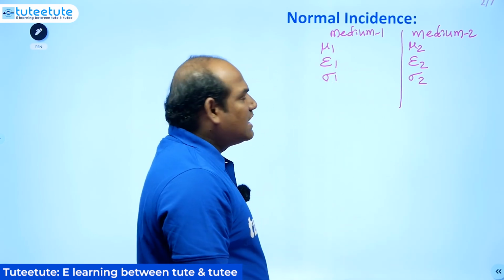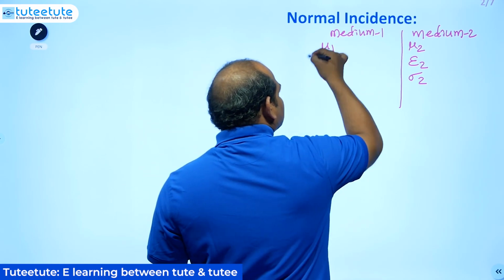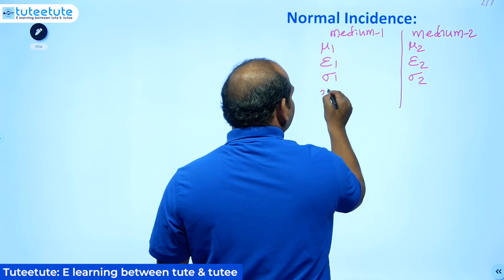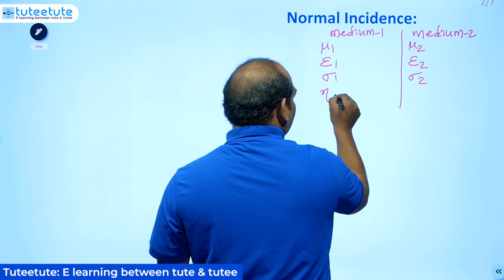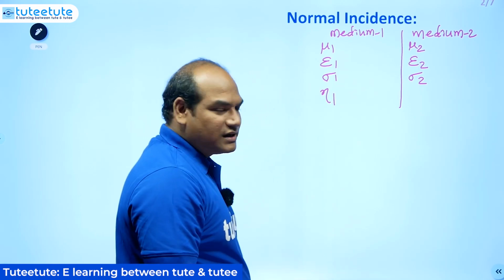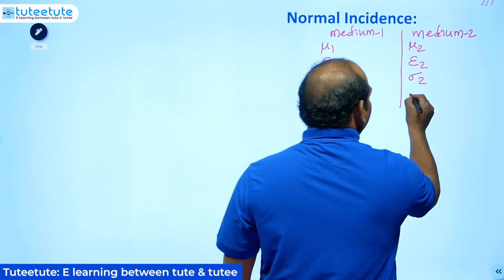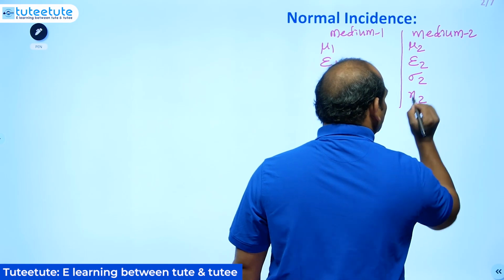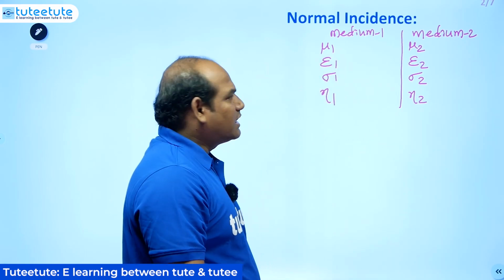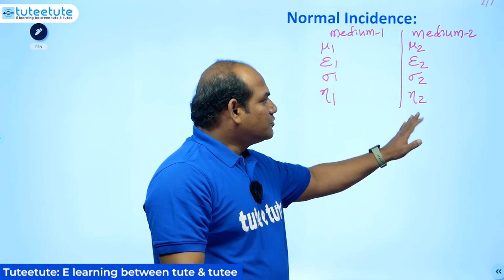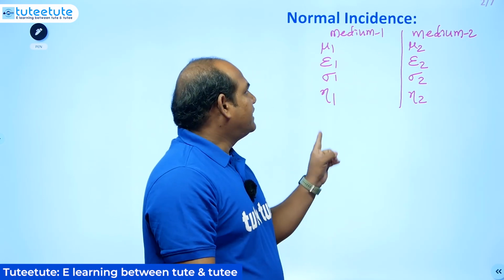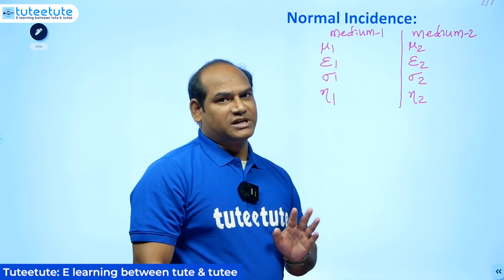Using these values we can get the impedance, represented by eta 1 for medium 1, and the impedance here is given by eta 2. So eta 1, eta 2 are the impedances of medium 1 and medium 2 respectively.